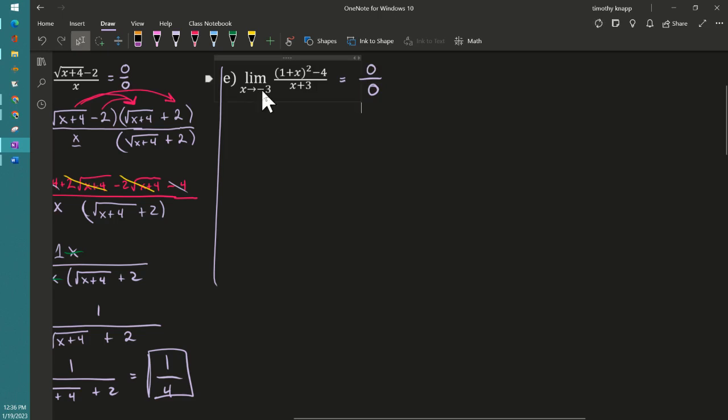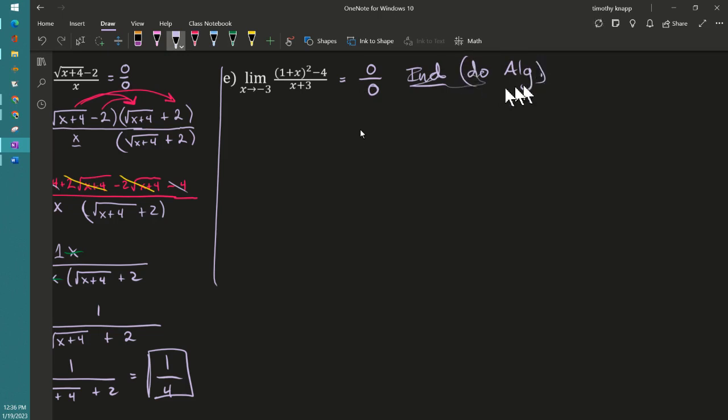And then -3, if I put it into here, -3 minus 3 is 0, and that's my 0. This is an indeterminate form. Do some algebra. Do algebra. Okay? Exclamation point. Okay? Do algebra.